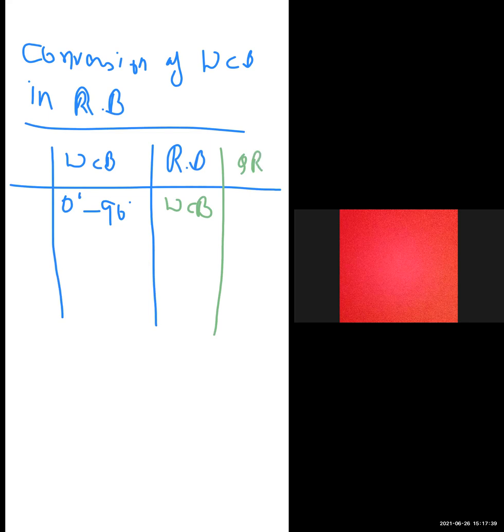So the quadrant is northeast. If the angle is 90 degrees to 180 degrees, in that case RB equals 180 minus WCB and the quadrant is southeast.